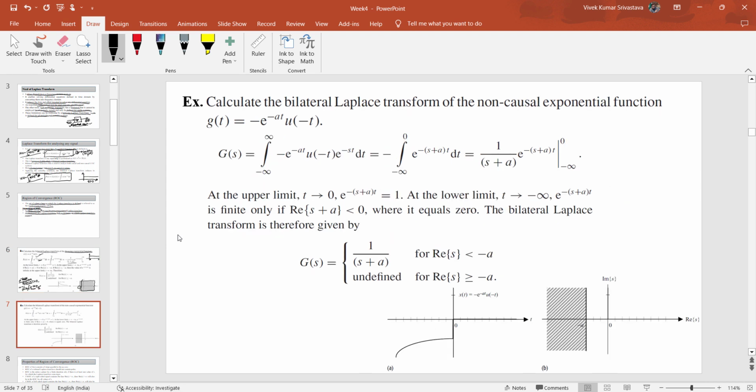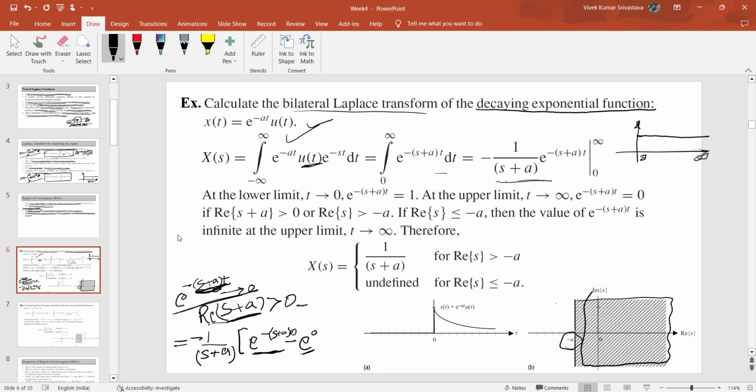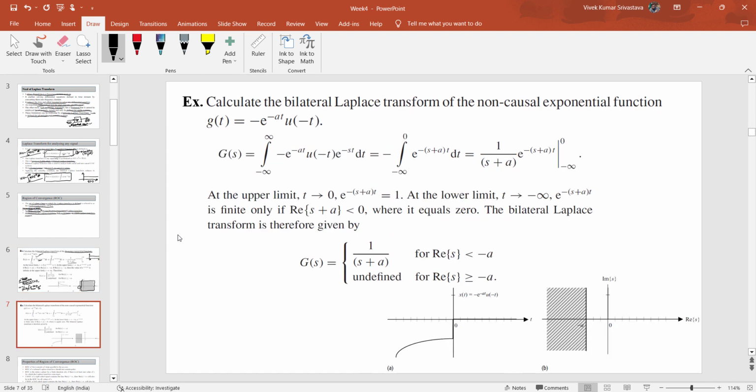Here I am replacing the previous signal, e raised to the power minus at into u of t, with another signal, that is minus e raised to the power minus at into u of minus t. Now we can see that these two signals are different. After plotting you will get this kind of signal.